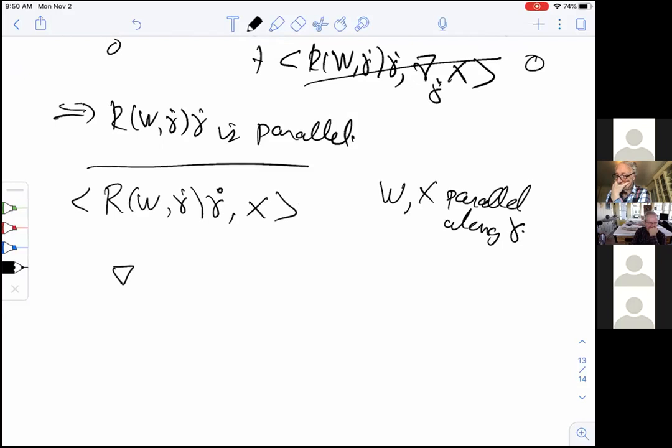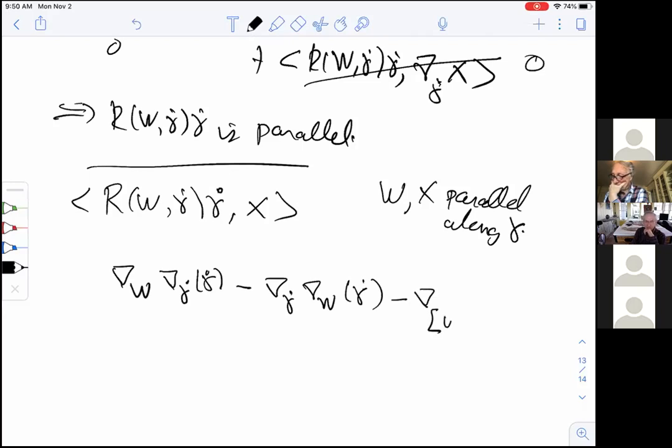It's covariant W, covariant gamma dot on gamma dot, minus covariant gamma dot, covariant W on gamma dot, minus the covariant derivative in the commutator of W and gamma dot on gamma dot, all that inner product X.